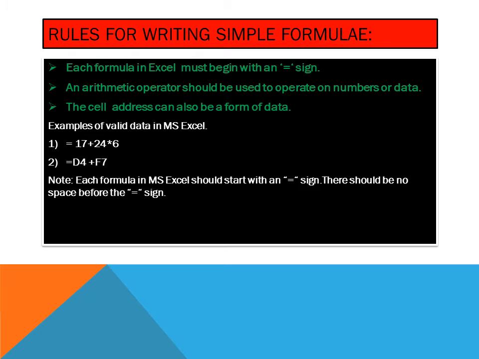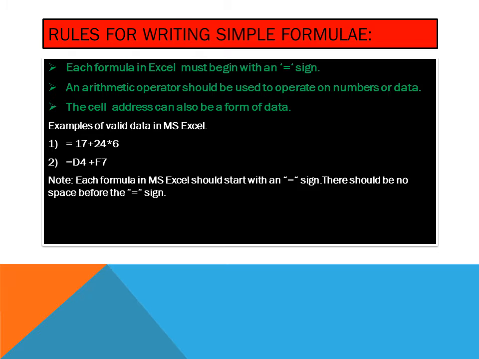Point number 2, an arithmetic operator should be used to operate on numbers or data. Remember that we have done that in the case of arithmetic operators, strings are not used. So an arithmetic operator is always used to operate on numbers or data.